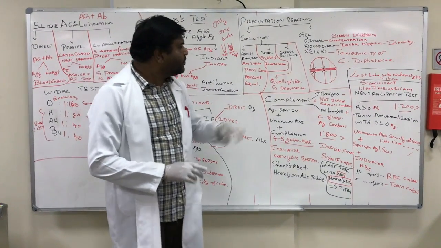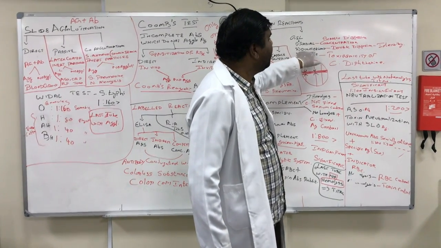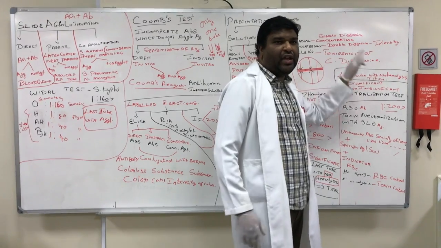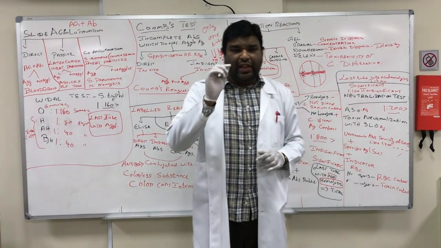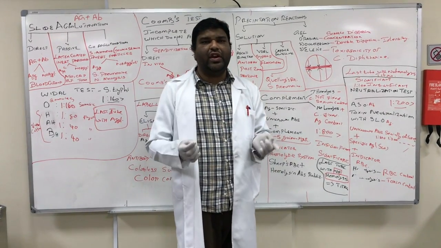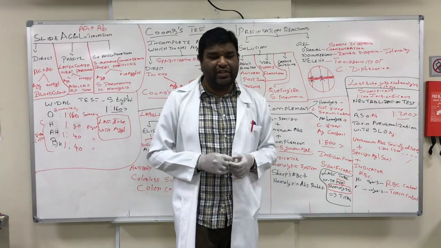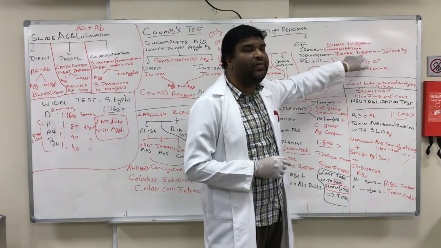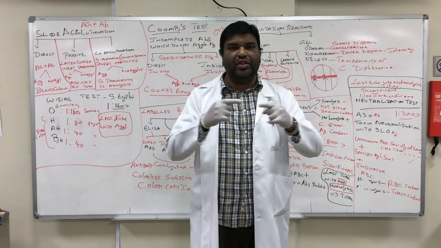The second is the Ouchterlony method, which is called double diffusion. It is called double diffusion because the antibody is subjected to two antigens instead of one. This is also going to be in the form of a picture. Here you can see the line formation, called the band or spur formation.